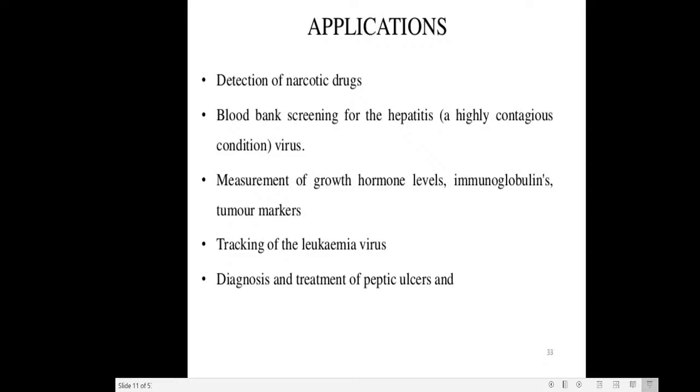Tracking the leukemia virus count is very important, because we can't maintain the count otherwise, so for that we have the immunological kit. It's used in diagnosis, treatment of peptic ulcer, and COVID diagnosis also comes under this immunological testing.